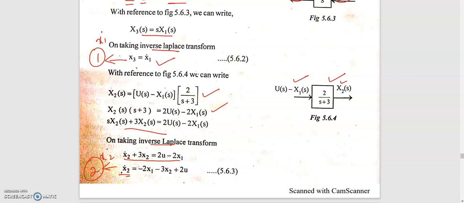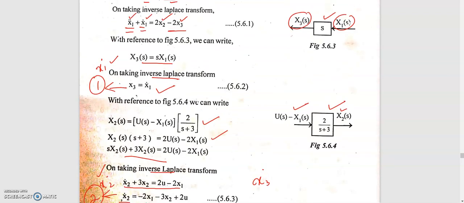So I have considered all the blocks. I got x1 dot and x2 dot. Now I need to know x3 dot. What you obtained in the first equation was x1 double dot. If I can replace this in terms of x3, that will be useful. You already have the equation in which x3 is equal to x1 dot.